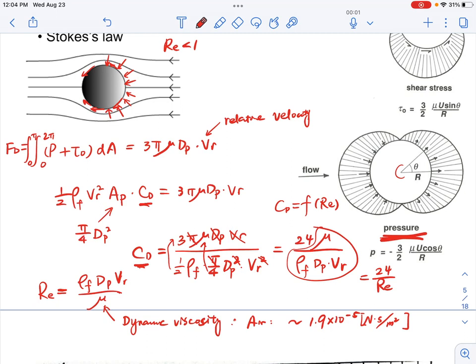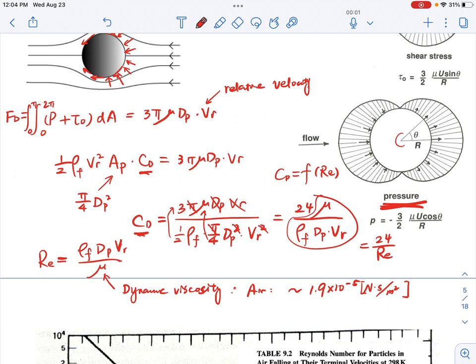So basically, if you think about the transport of particles in our daily life or in our ambient air, we are mostly going to deal with particles. If you consider the number, most of the particles are going to be smaller than 1 micrometer, which means the particle size is going to be smaller than 10 to the minus 6 meters.